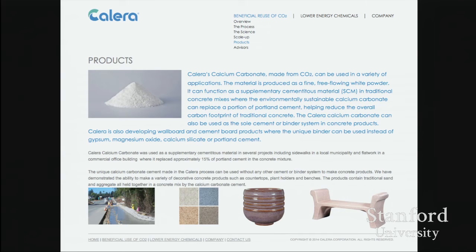They're a neat company. They've been developing calcium carbonate products to make cement. So I believe, if I remember correctly, the sidewalk at the corner of Sand Hill and Foothill is made of their cement from their process. And they've also been making different tiles and pottery and benches out of calcium carbonate. So they have a unique process for making products out of calcium carbonate.